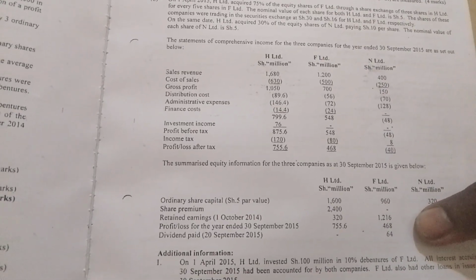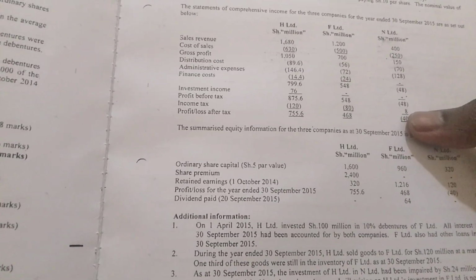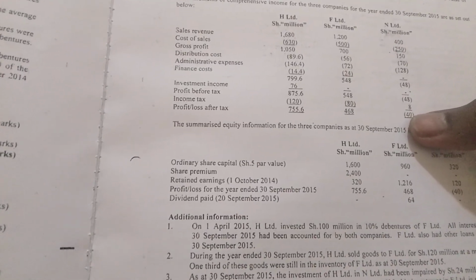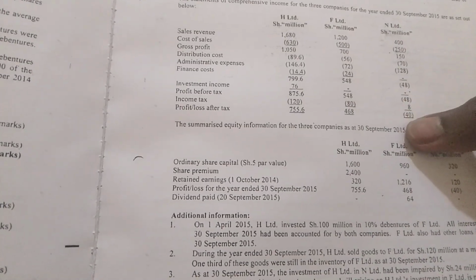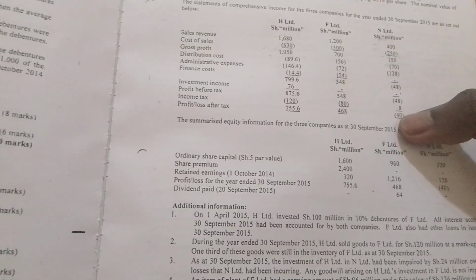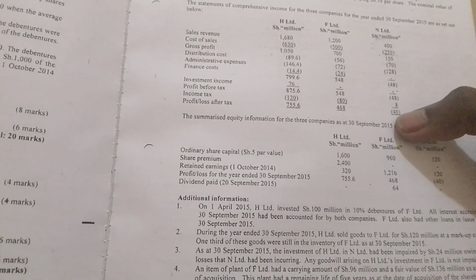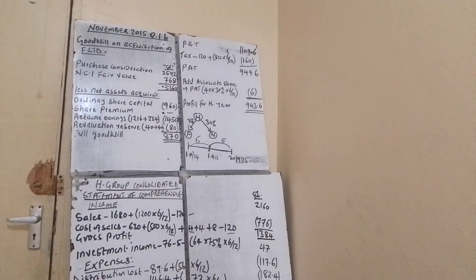We don't consolidate associates line by line. So we invested that percent in N, and N reported a loss of 40. So by the end of the year, we will receive that percent of this 40. But 40 was acquired 6 months towards the end of the year.